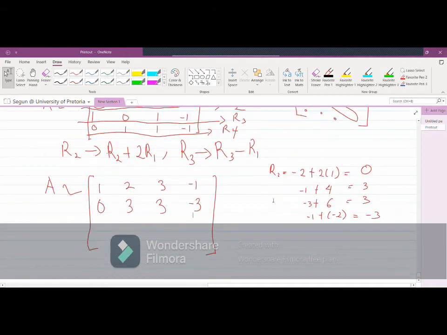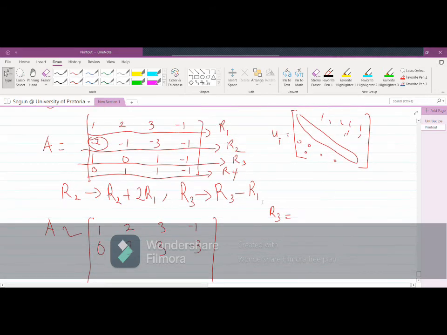So now, let's solve R3. For R3, can we do it by ourselves? I've taught you now the way you were going to do it. So R3 will be R3 minus R1.